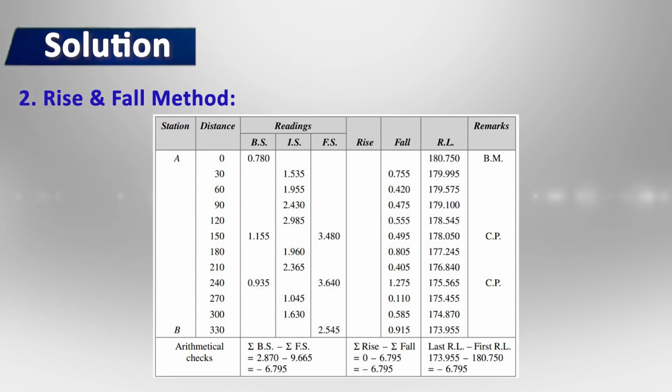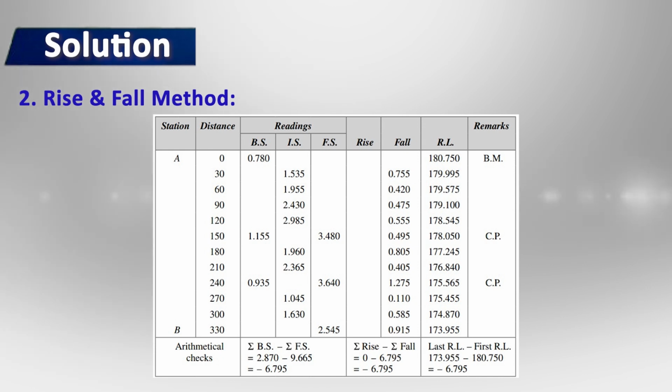And again we will subtract 1.955 and 2.430, which will result in a fall of 0.475, and again we will subtract 2.430 with 2.985, which will result in a fall of 0.555.